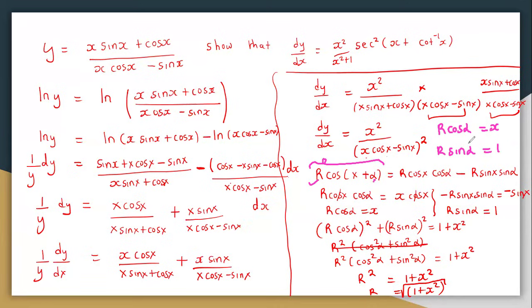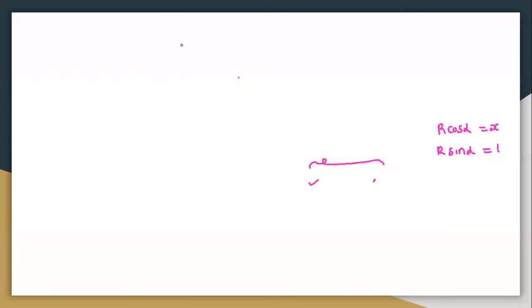Now, in order for us to get the angle, that's where we divide. I divide the two. You're going to pay more attention here a bit. I have my r sine of alpha equal to 1 and my r cos of alpha equal to x.